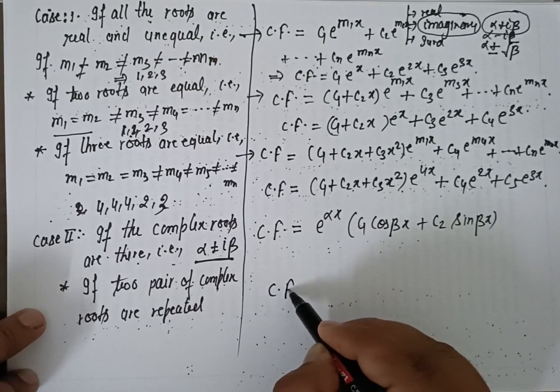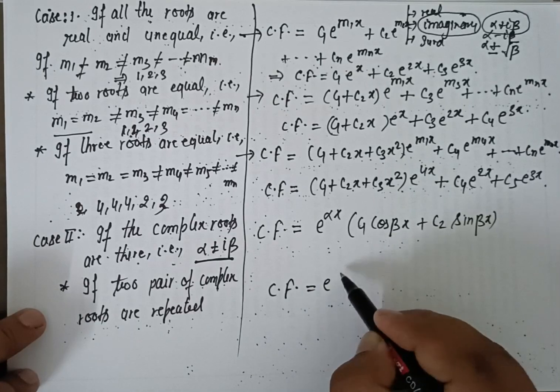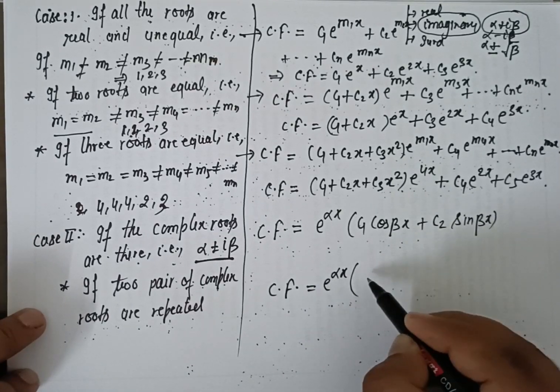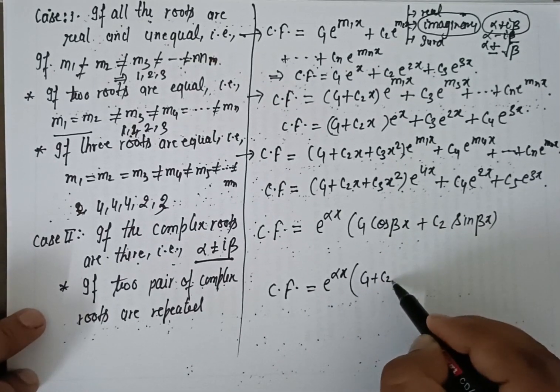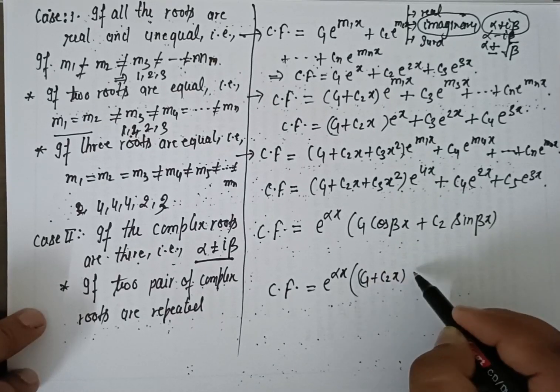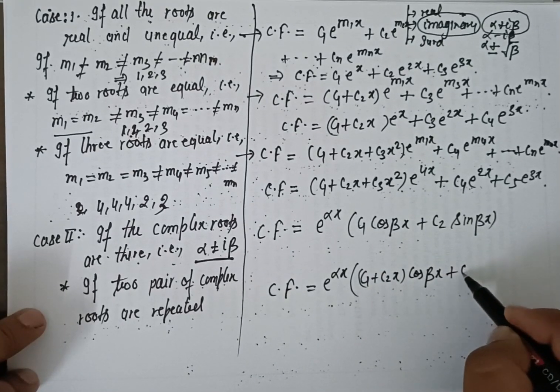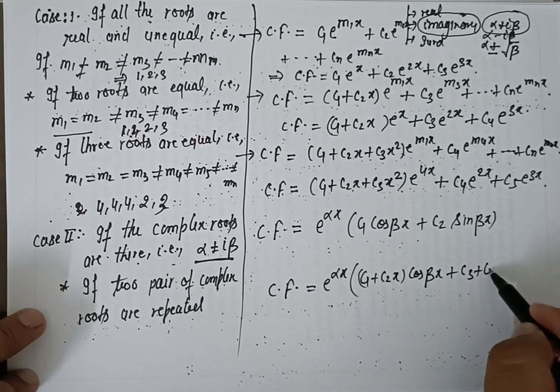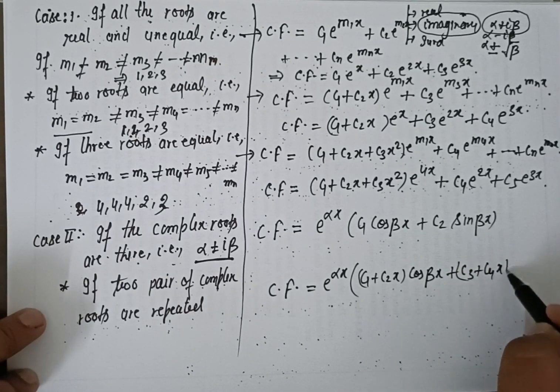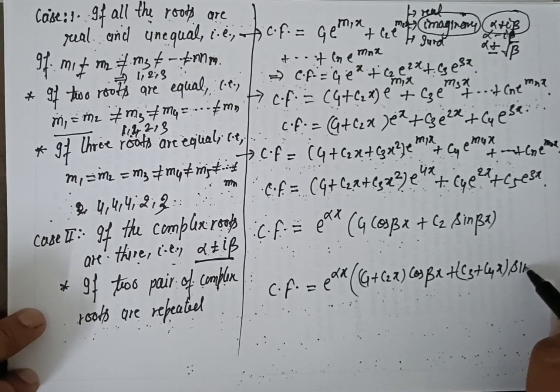Then the complementary function will be e to the power alpha x, c1 plus c2x cos beta x, and then plus c3 plus c4x sin beta x.